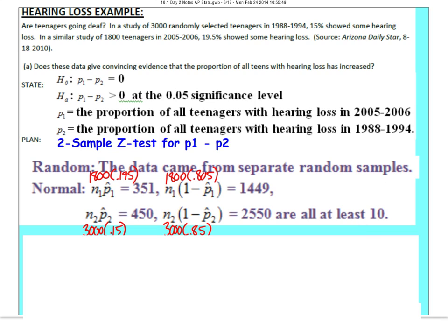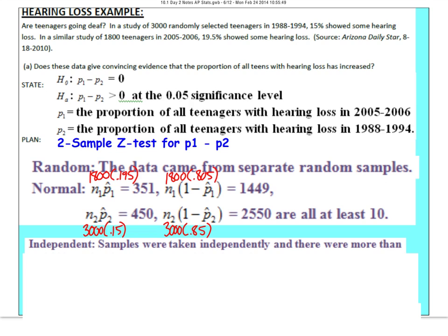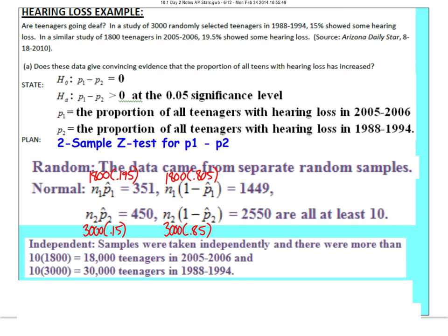And then we're going to wrap it up with the independence. They didn't talk about independence in the actual example here, so we must show that they are independent because we are not sampling with replacement. So independent samples were taken, and there were at least 18,000 teenagers for the latter year, and at least more than 30,000 for the earlier year.